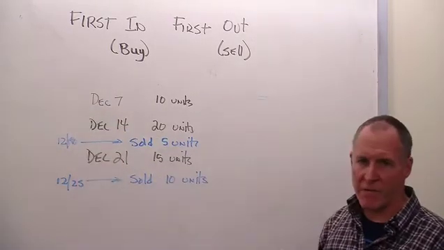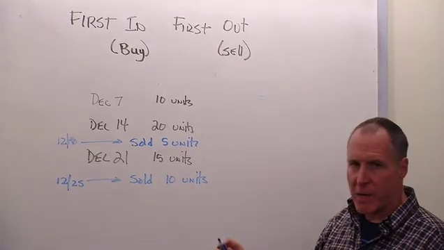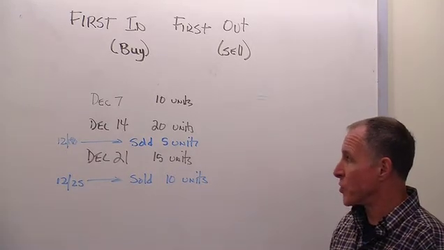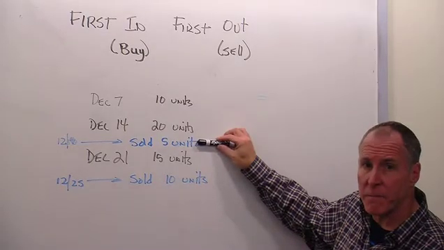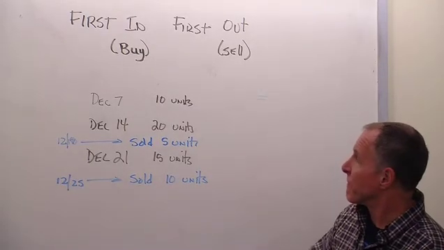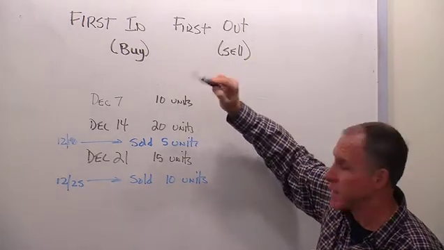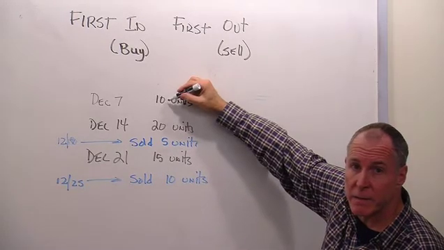Under first in, first out, the first goods that come in are the first goods to go out. So where do these 5 units come from? They came from the first that we bought, so these 5 units came from these 10 units right here.